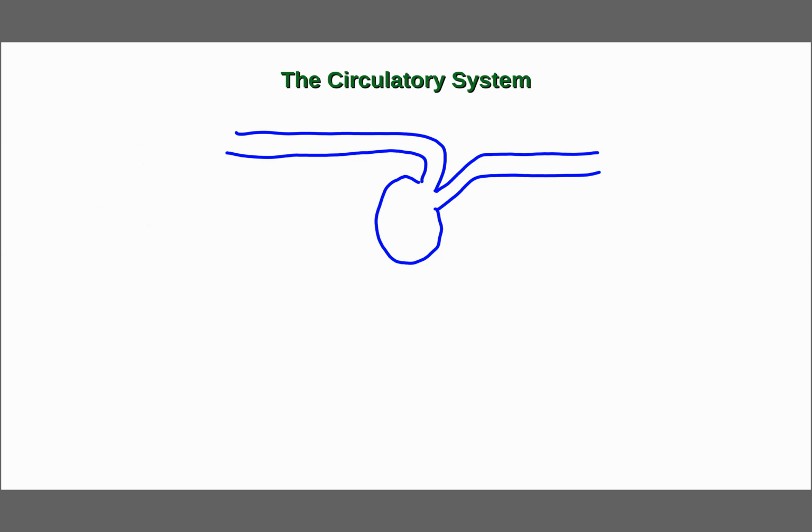So the organ that drives the circulatory system is the heart, and the heart works by changing its volume. So imagine I have a heart here, and it can hold a certain amount of blood, and then when it squeezes in, it changes its volume. It becomes a different size. And when it does this, we know that liquids are effectively incompressible.